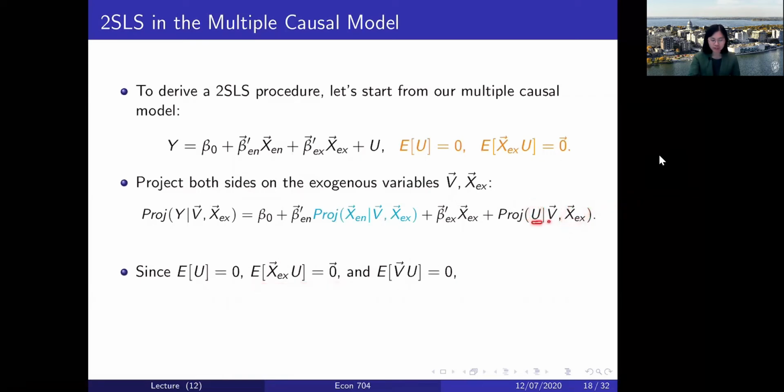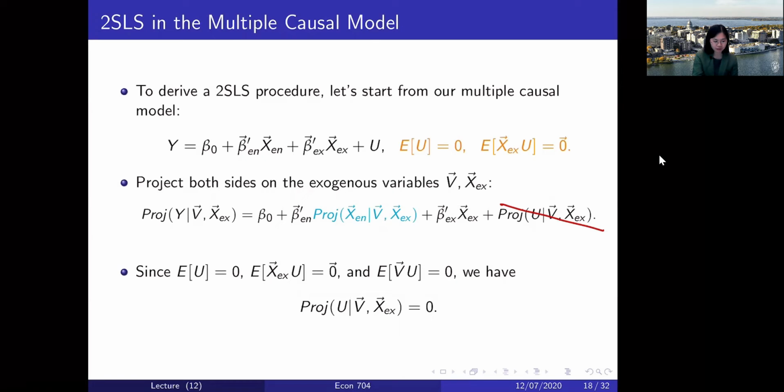And also U is uncorrelated with the vector of instrumental variables because we assume the instruments are exogenous. So U has mean 0 and U is uncorrelated with the whole vector that we are projecting on. That means U is the projection error itself. Therefore, the projection is 0. So that shows this projection is 0. This can be crossed out.